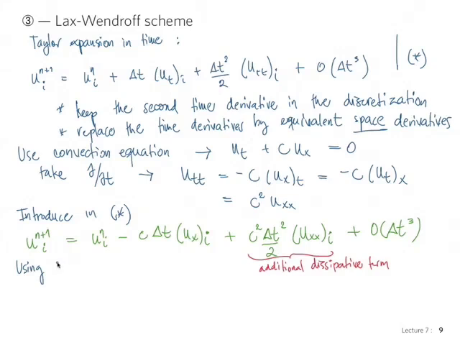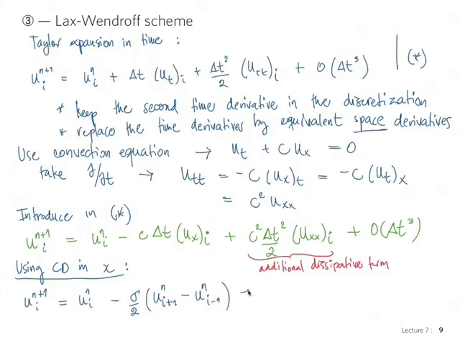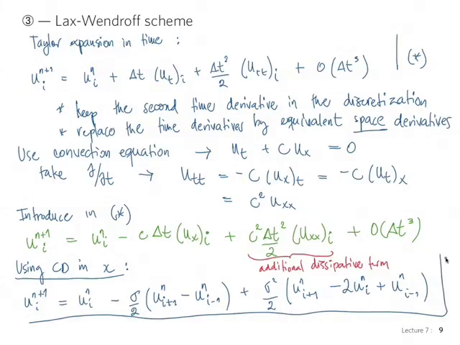So now using center difference in space, we get finally u_i^{n+1} equal to u_i^n minus sigma over 2, where I'm using again sigma for the CFL number, times u_{i+1}^n minus u_{i-1}^n, our first center difference here, and here we have sigma squared over 2, and our center difference for the second order derivative, which is u_{i+1}^n minus 2 u_i^n plus u_{i-1}^n. And here's our Lax-Wendroff scheme.